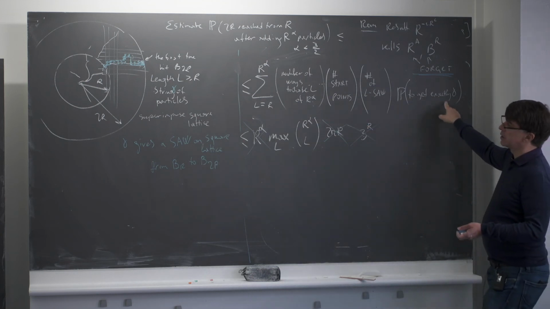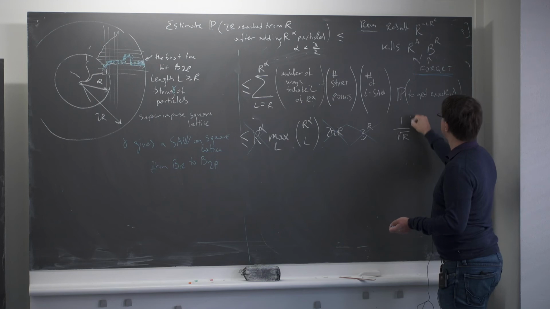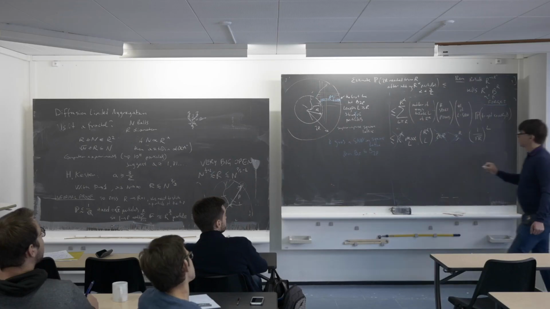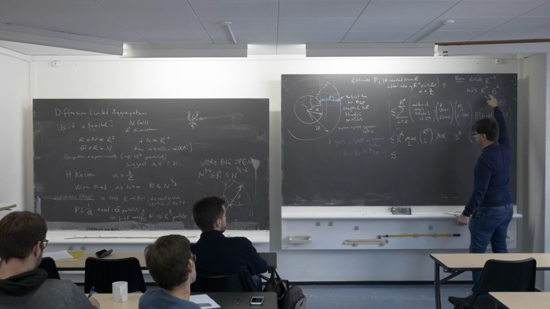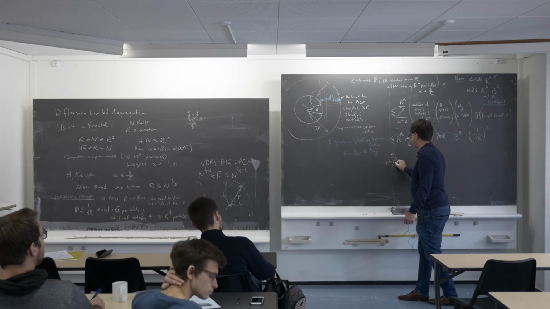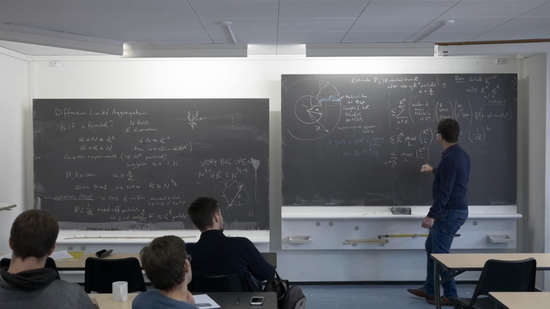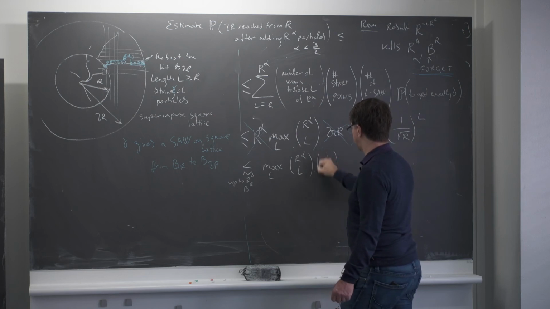And this is what we had, the Beurling estimate: 1 over square root of r, to the power L. So up to terms like r to the power a, b to the power r, we have that it's at most the maximum over L of r to the power alpha choose L, times 1 over square root of r to the power L.